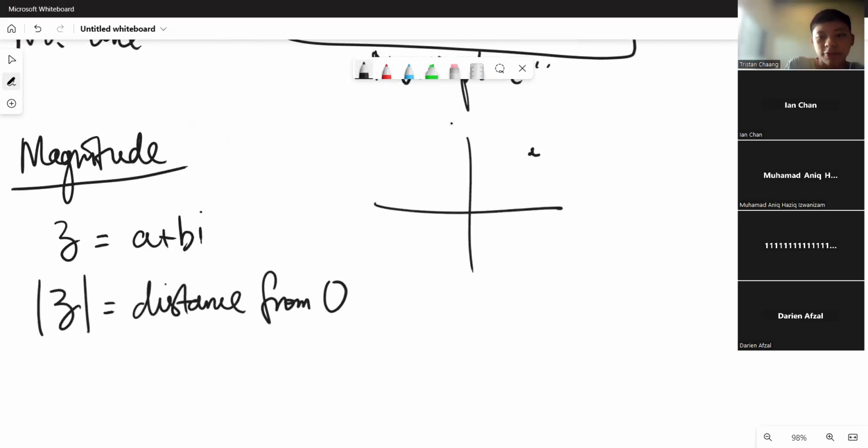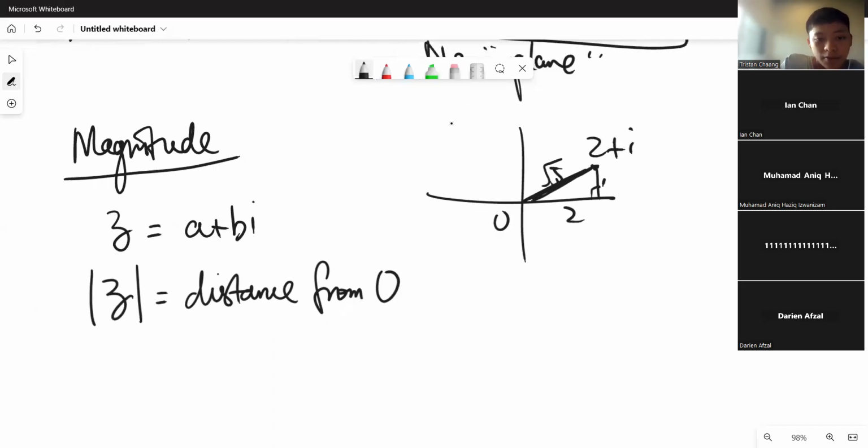If it's 2 plus i, what's the distance from 2 plus i to 0? It's 1 here, it's 2 here, so that's square root 5. Well, how do we do it in general? For a plus bi, what's the distance from the origin? It's just by the Pythagoras theorem, the square root of a squared plus b squared.